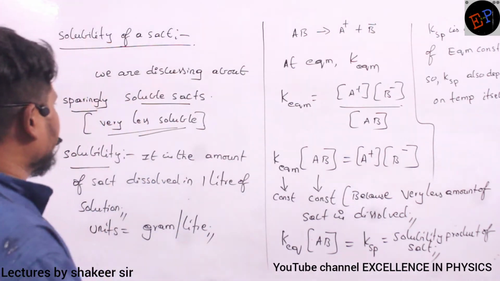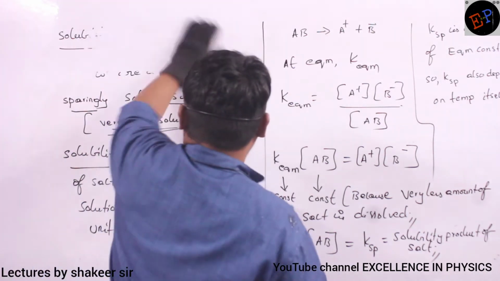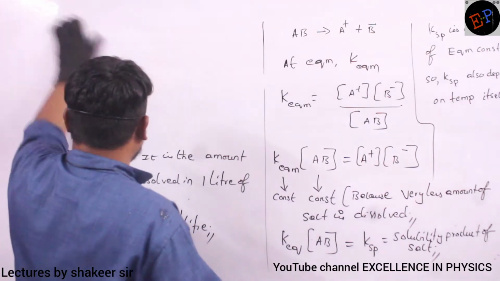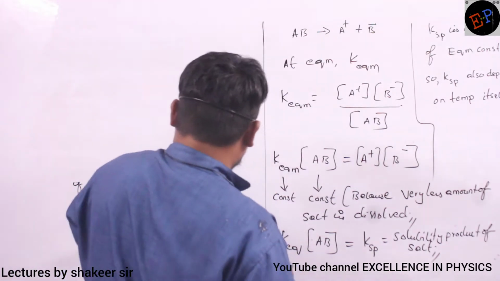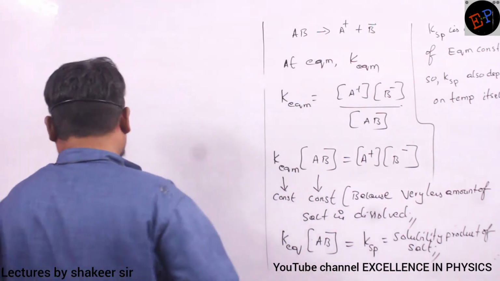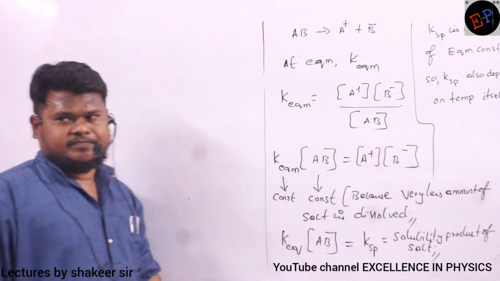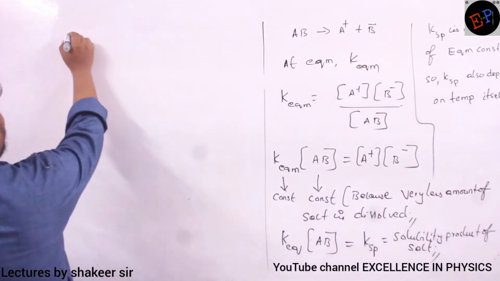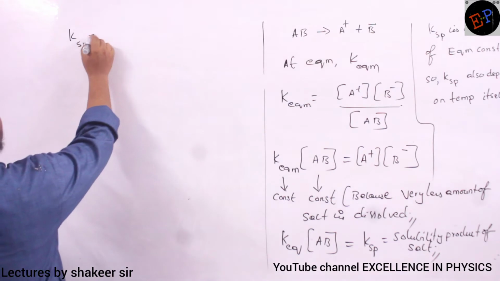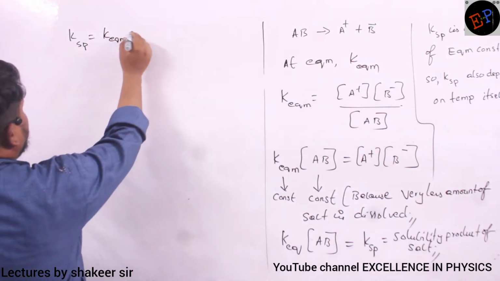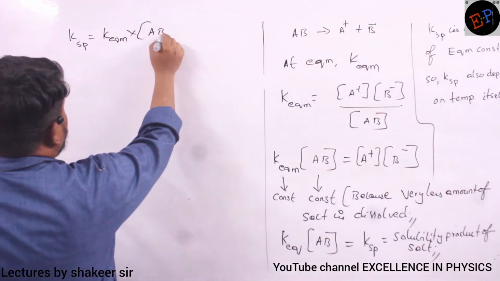Very easy concept. Already we have studied the K equilibrium number. Here K equilibrium is multiplied by the concentration of the salt. That's it. So I will write KSP is nothing but K equilibrium multiplied by the concentration of salt.